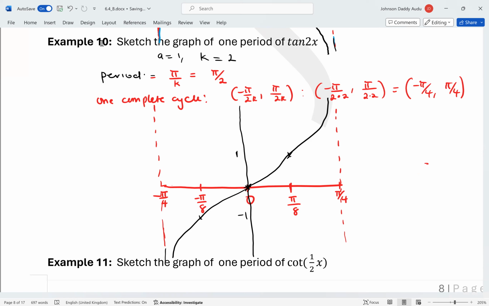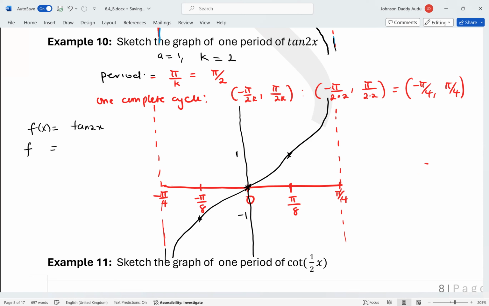And now you can try to check whether you are right or not. You can just take any value. For example, the function itself, f of x, is tan 2x.